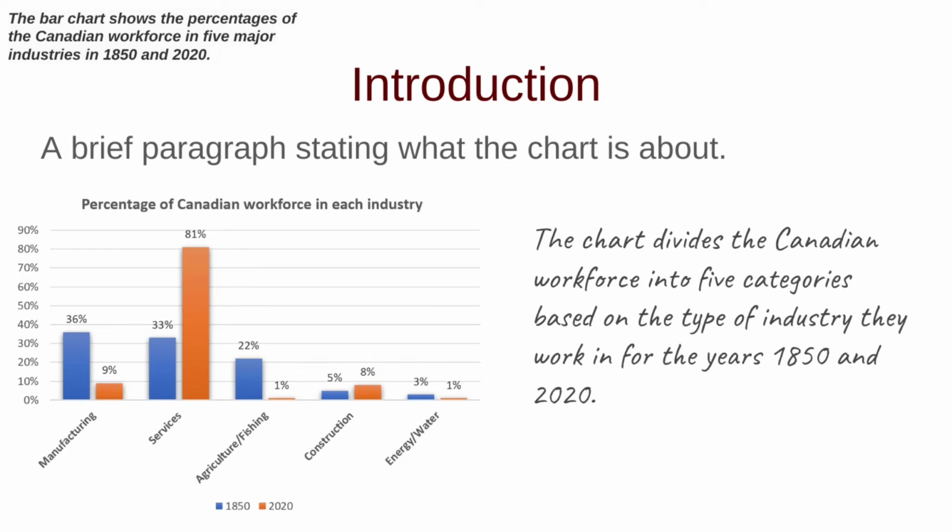So we could put something like, the chart divides the Canadian workforce into 5 categories based on the type of industry they work in for the years 1850 and 2020. So we said the same thing as it says in the question, but in a different way, using different words. And that's our first paragraph.